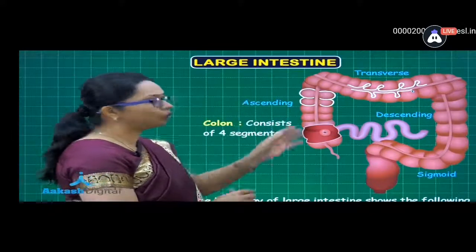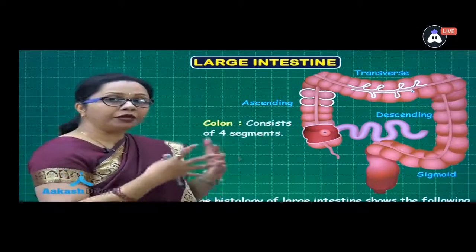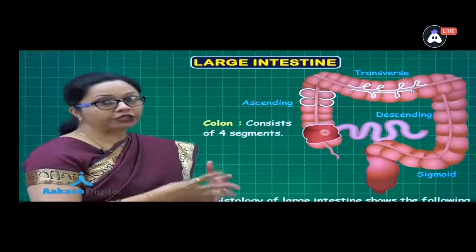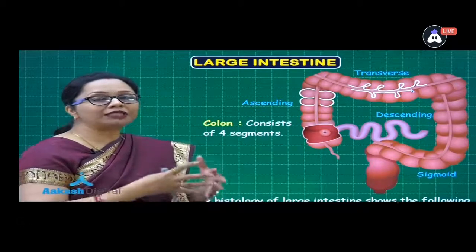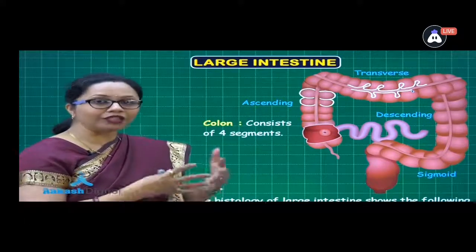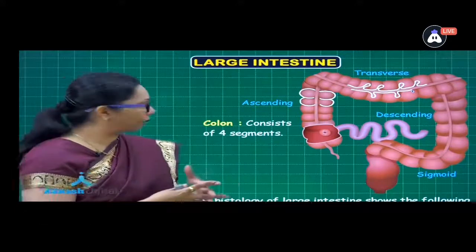Then in the colon also there are a number of symbiotic bacteria. And any bacteria that you have learned till date where the species name ends with coli, that means it is a resident of the colon, and that's why such a species name has been given to it, like Escherichia coli.